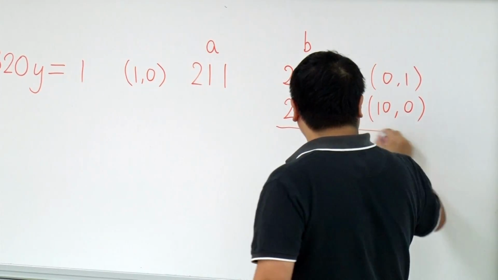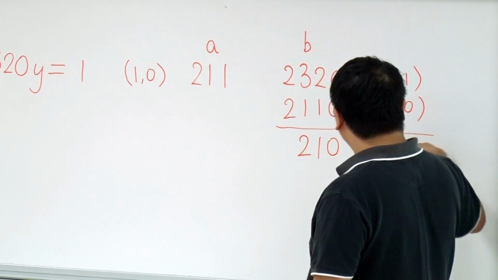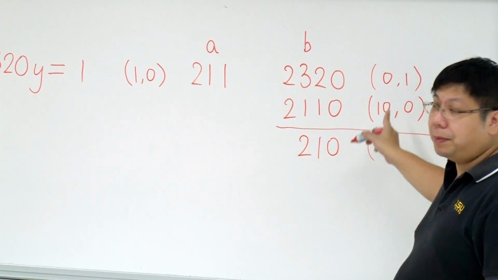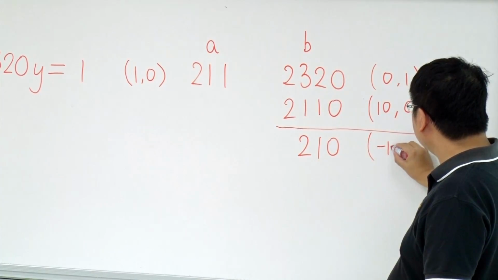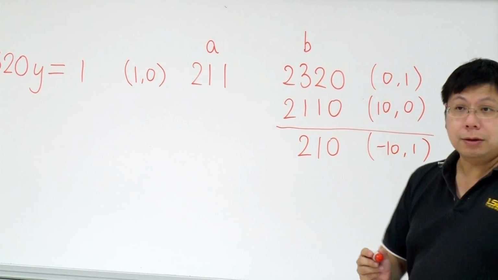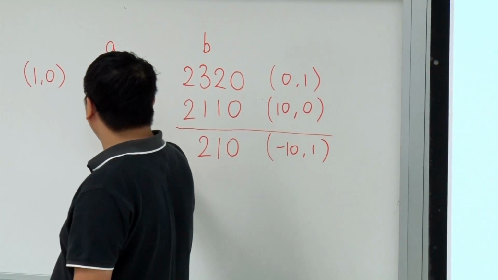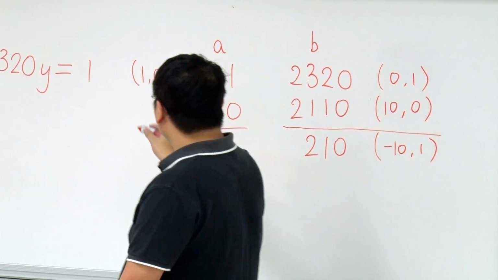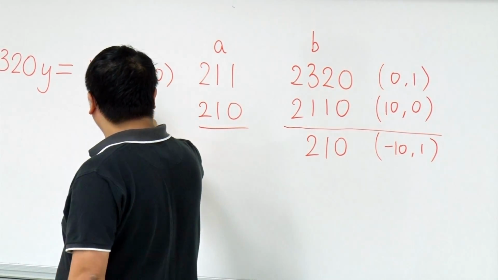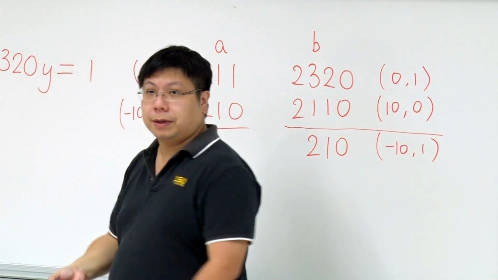And what is the result? The result is equal to 210. To express 210 in terms of A and B, it is this one minus this one, so it is minus 10 and 1. Okay, 211 and 210. So I should deduct 1 times 210. According to what we have done, 1 times 210 is minus 10 and 1.